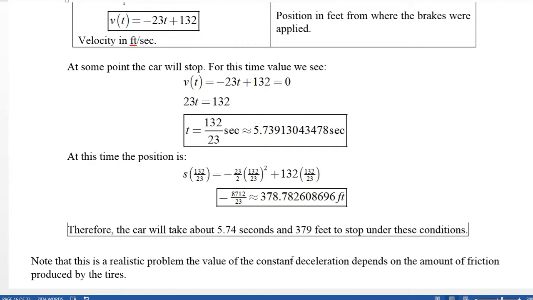You want to stop before you hit something, so you need to leave at least 380 feet, and this is not accounting for reaction time, so you're going to have to leave more than that.